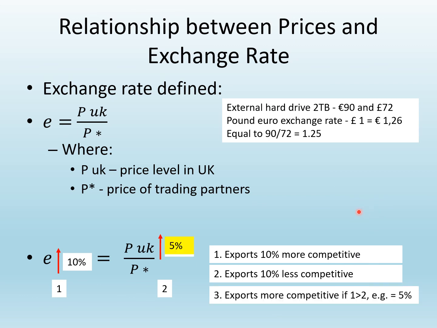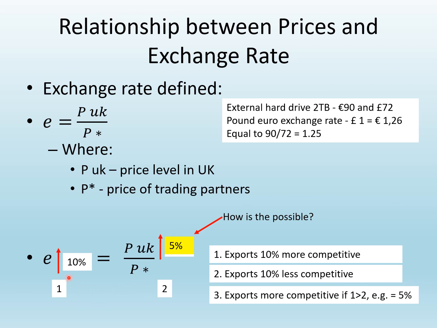The only place that this kind of change can occur and make you more competitive is if you have a 10% depreciation of the currency and you only have a resultant price increase of 5%. And the question is, how is this possible? How can it happen? Well, the only way it can happen is if people in the UK are willing to take a 5% wage cut, and are willing to take a 5% cut in profits.